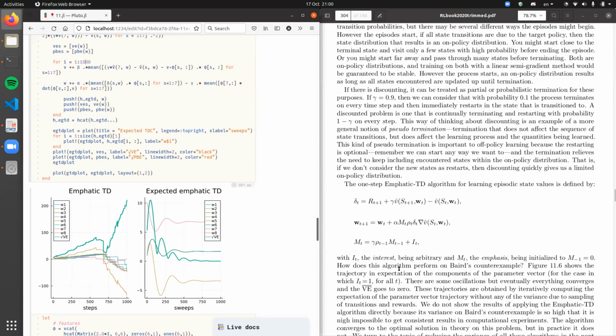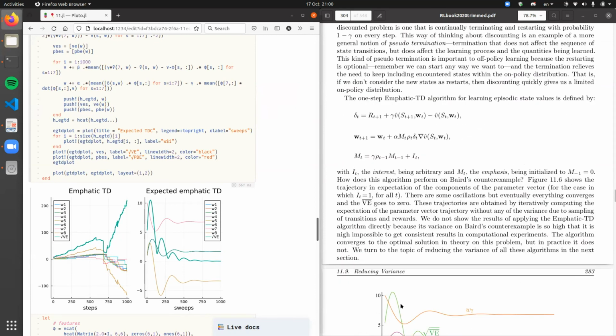And here you can see that we multiply the emphasis by gamma, and therefore the impact of the emphasis at the previous time step is eventually shrunk by factor gamma.